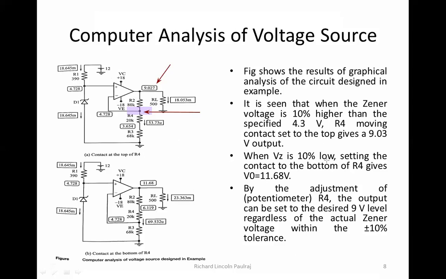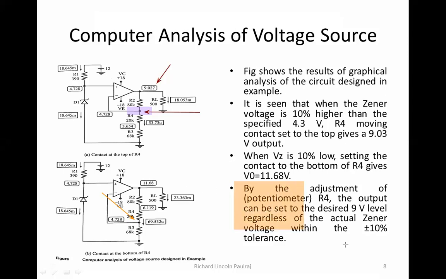When VZ is 10% lower, I have to connect it below. You can see here, it is connected below. And what is the voltage level? We are getting about 11.68, so we need approximately 12. Just by the adjustment of this wire, we are able to change the values of the output potential.